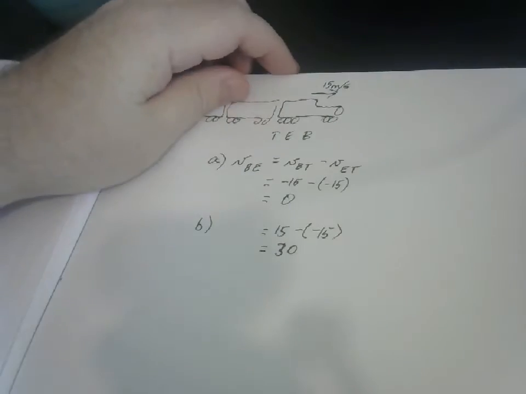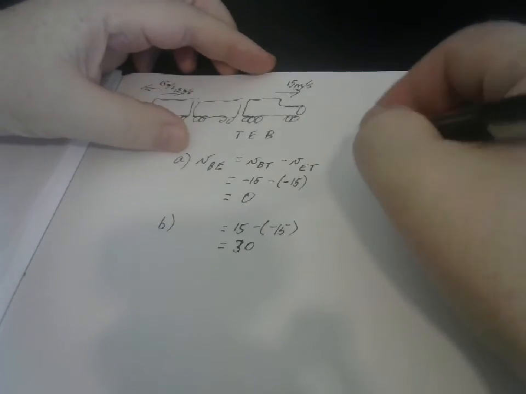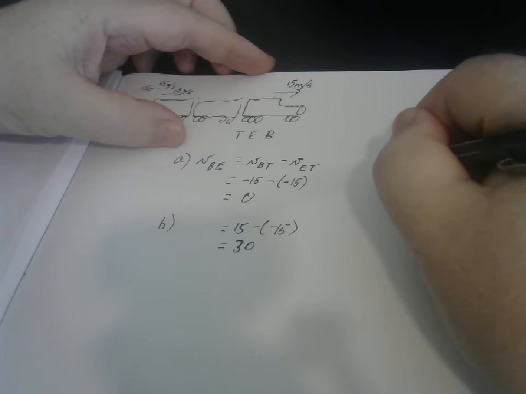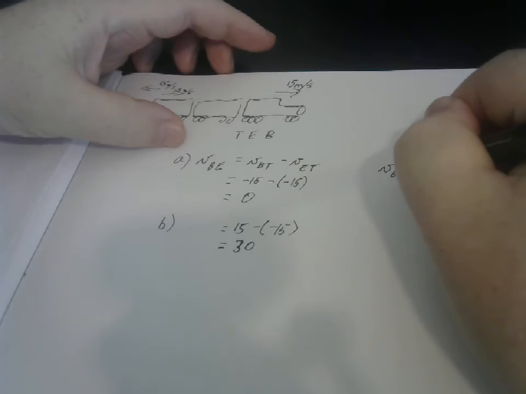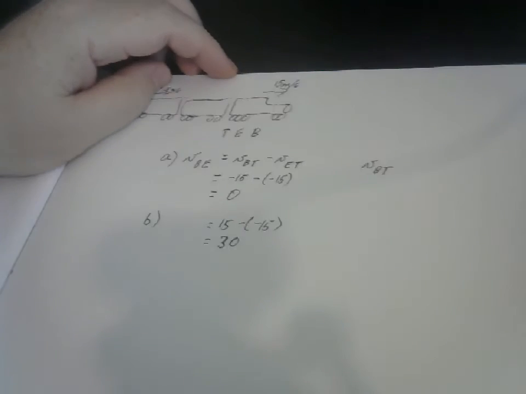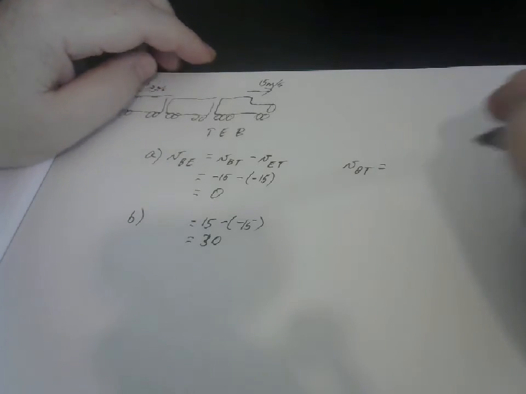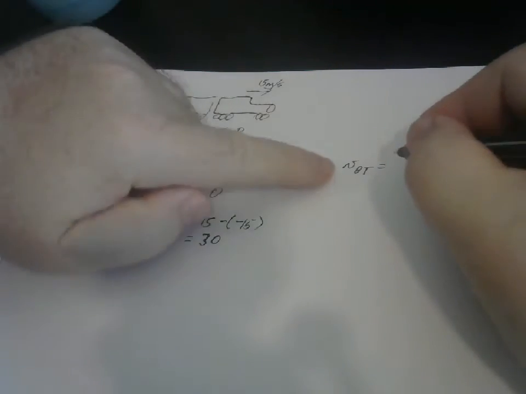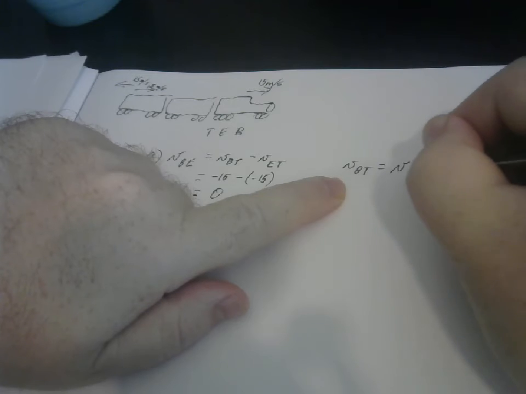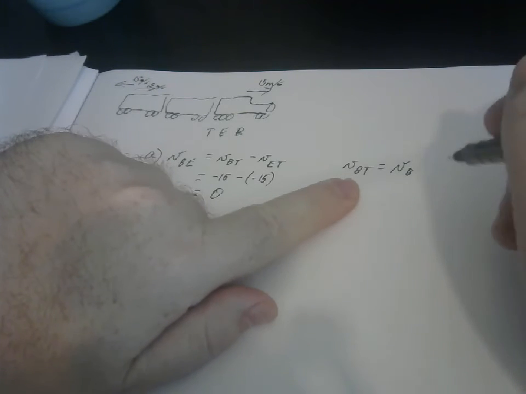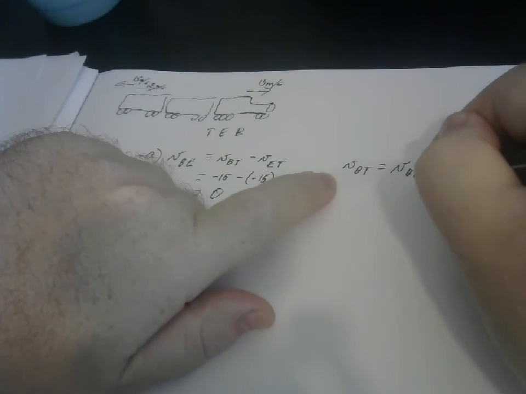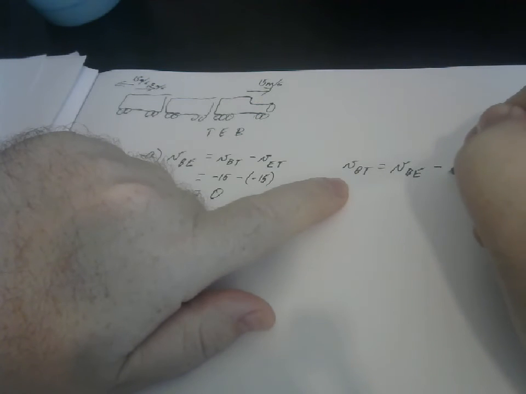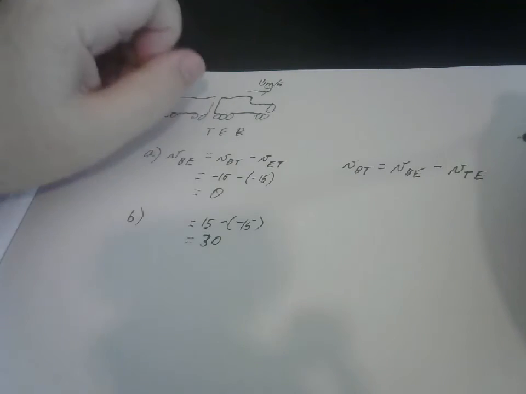The solution they gave in the book, they decided to start with the velocity of the ball with respect to the train, and then using the same style of equation, velocity of the ball with respect to the Earth minus the velocity of the train with respect to the Earth.